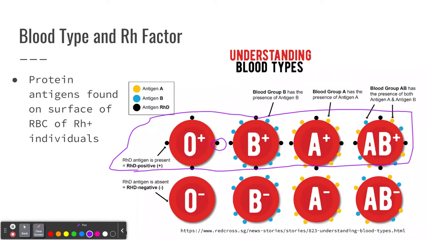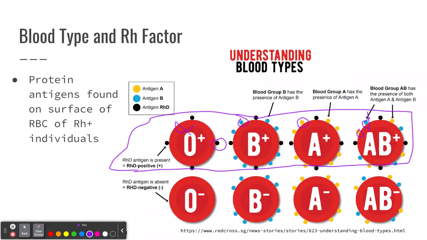Now you'll notice, just to reiterate some points that I talked about before, if we look at the B individual, here we have only B antigens, that's the blue one. On the A individual, we have only A antigens. And on the AB, we have a B antigen and an A antigen. And notice there are no antigens on the O individual.